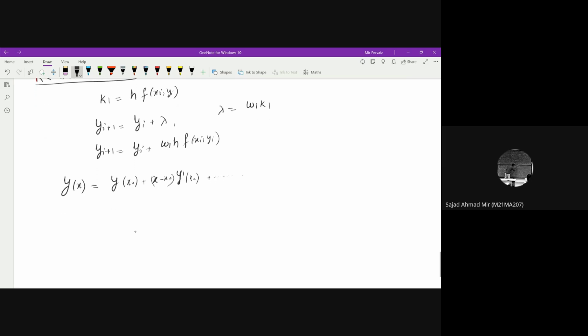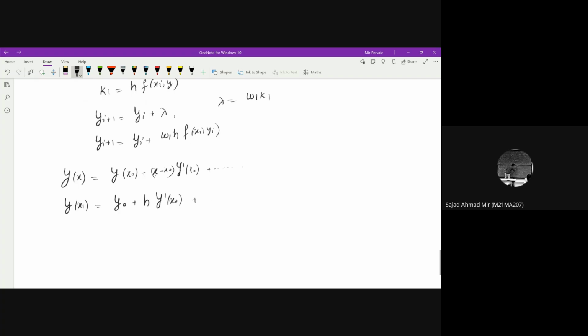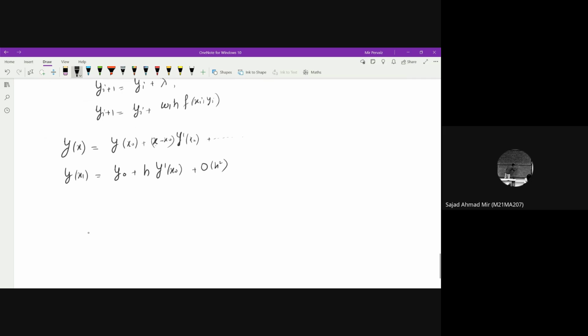Now if you retain just the first term, y at x1 will be y0 plus (x1 minus x0), which is your h step length, times y dash at x0, and you will have some higher order terms, order of h squared. If you drop those terms, this is h times f of (x0, y0). This is your Taylor series approximation of the first order.